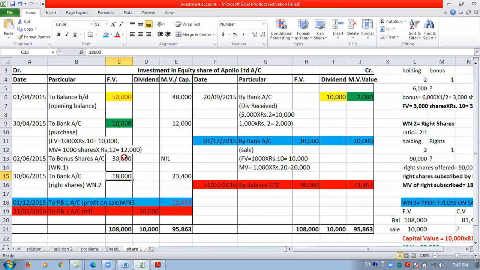They did not exist on 31st March 2015. They came into existence only on 2nd June and 30th June, so they are not entitled for dividend. But whatever old shares are there, they are entitled for dividend. We enter the opening balance dividend in the dividend column, and whatever dividend we get on in-between year purchased shares, we enter in the market value column in order to reduce the cost of capital of holding those shares.